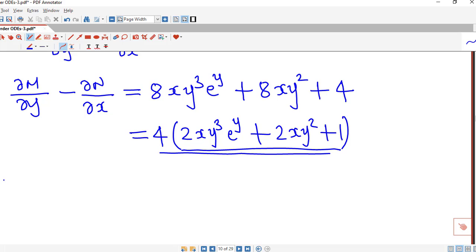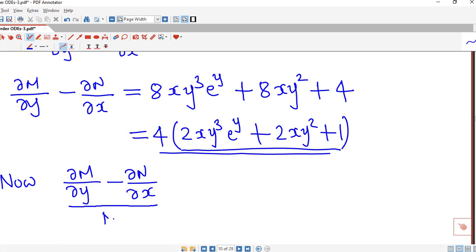So now we consider division of this quantity by capital M: del M by del y minus del N by del x divided by capital M, but don't forget to write the negative sign.